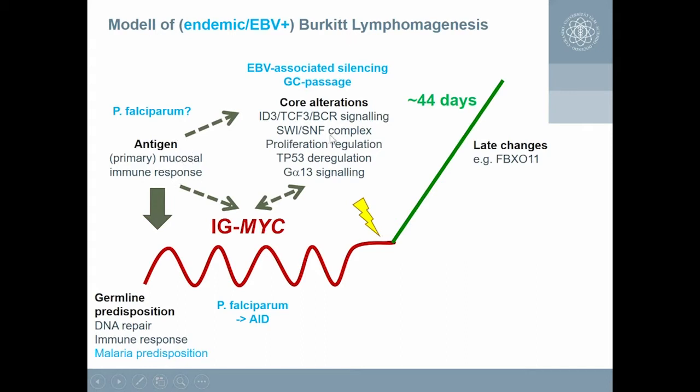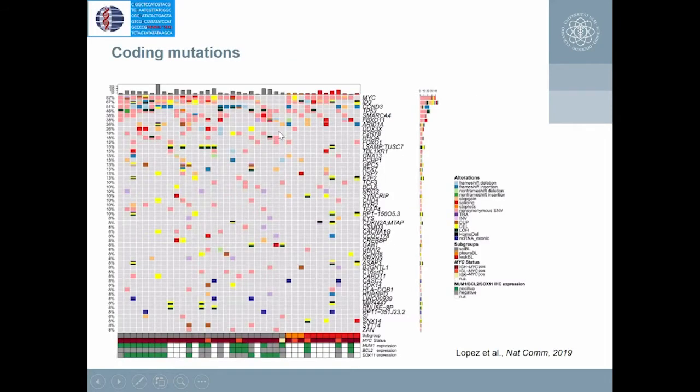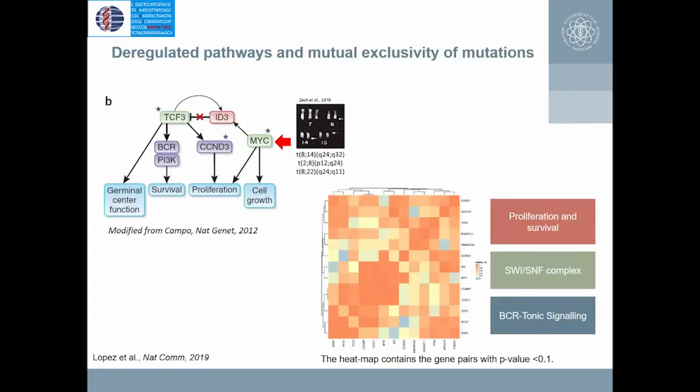Now, what about the late alterations? If we perform genomic sequencing, there is a set of highly recurrently mutated genes: MYC itself, ID3, cyclin D3, and so on. And this is data from sporadic Burkitt lymphomas. If you group this together, you essentially have modules: genes which affect proliferation and survival, genes which affect the SWI/SNF complex, and genes affecting the BCR tonic signaling.